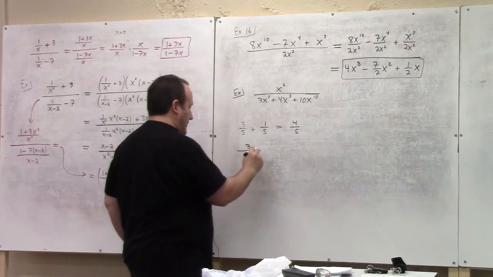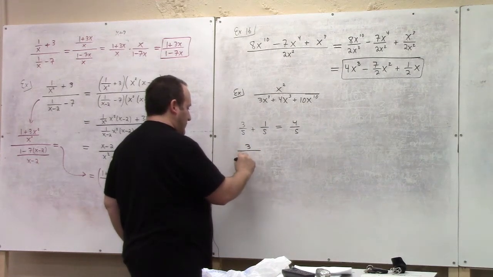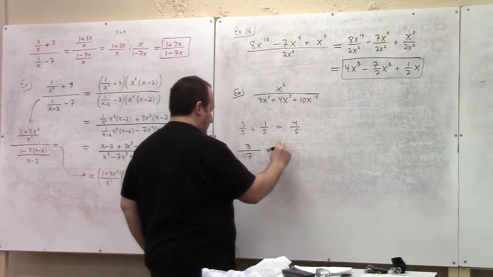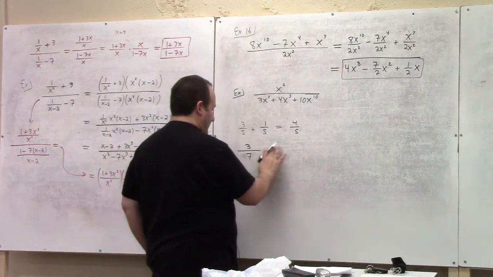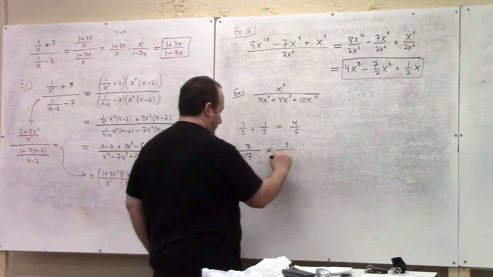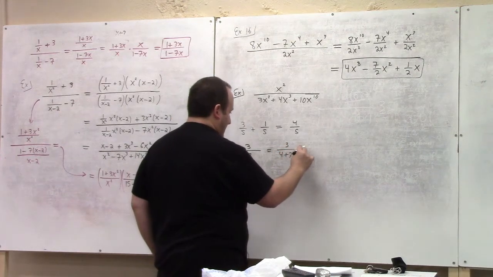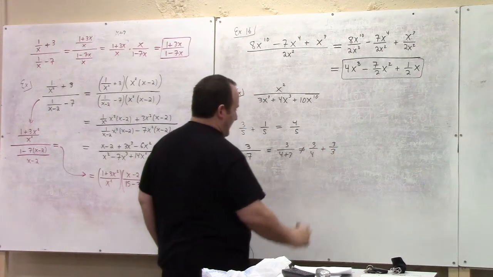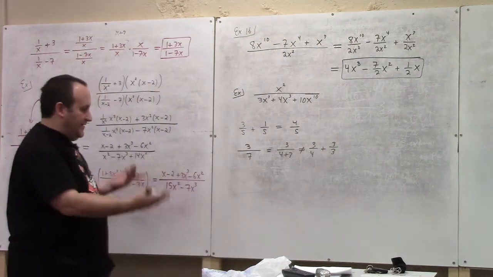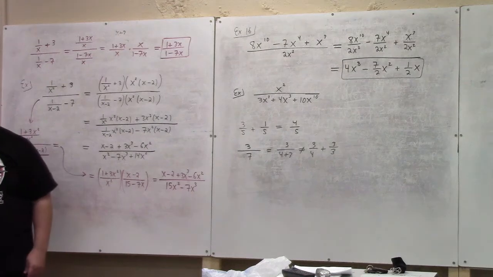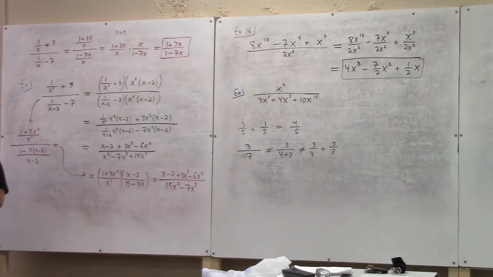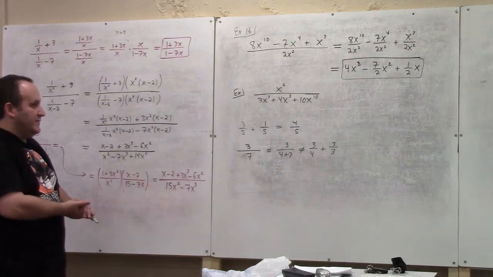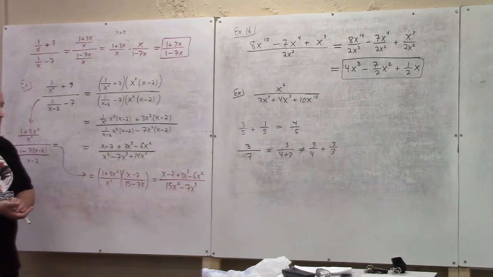But 3 over 4 plus 3 is not equal to 3 over 4 plus 3 over 3 or anything like that. You can't break up sums in the denominator. That's not how arithmetic works, and algebra, of course, is built over truths we find in arithmetic.